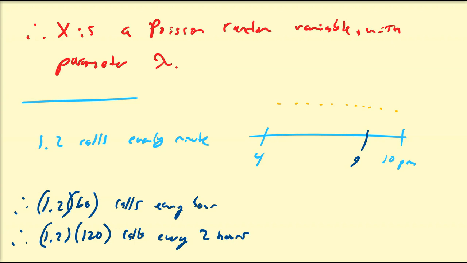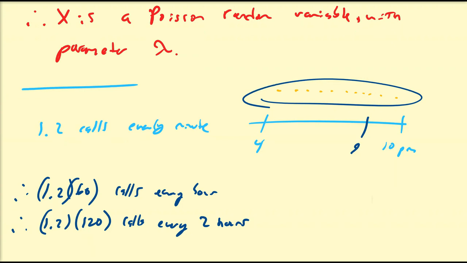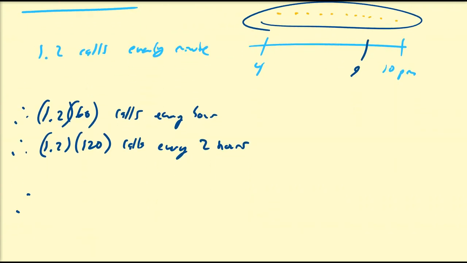And we only know this if the calls are uniformly distributed over a particular block of time. So lambda would be 1.2 times 60 times 2, the 2-hour block we're interested in. But since we're focusing on 9 p.m., that's going to be 1 hour actually.